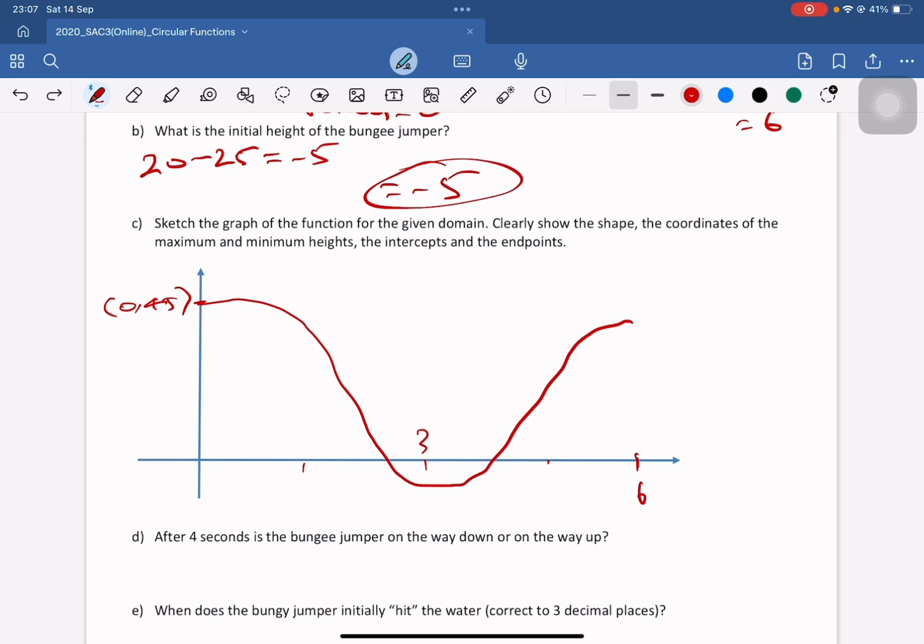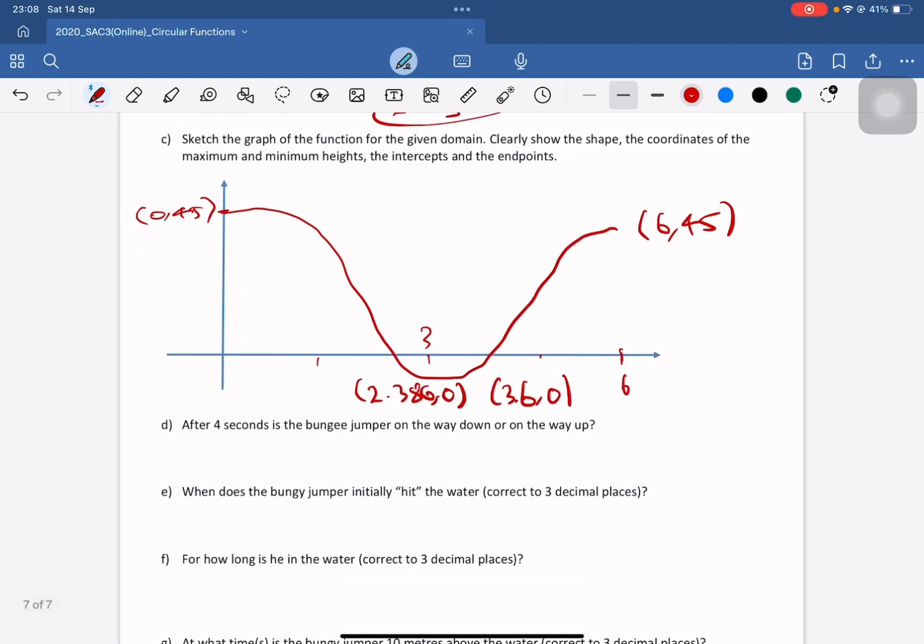You can basically just do y equals 0, and you will get the intercepts. You basically just input that into a calculator, solve for x, which is t in this case, and you will get the x-intercepts. And that's basically it. That's everything.